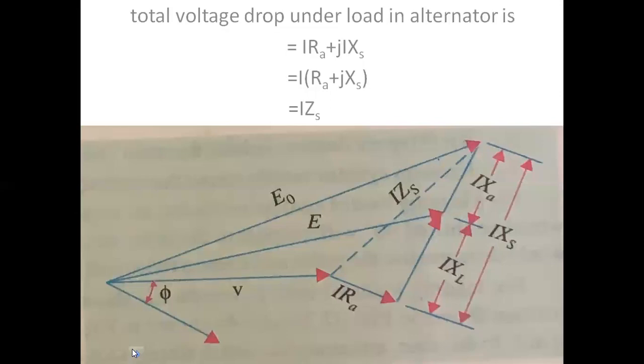Okay, and the leakage reactance XL, which can also be represented by XP, and the armature reactance XA may be combined. XL and XA are combined to give the synchronous reactance XS. So XS equals XL plus XA.